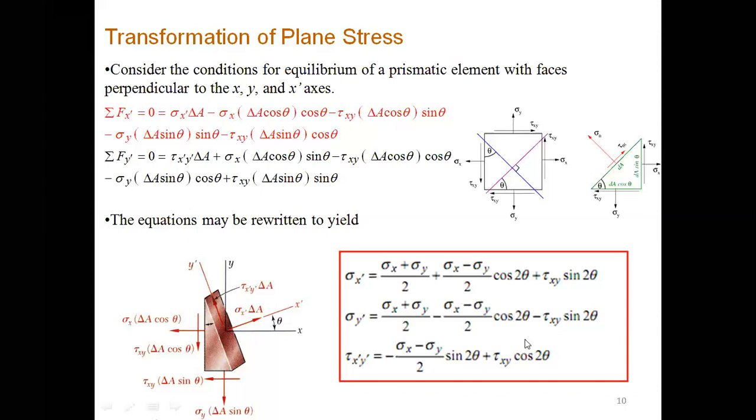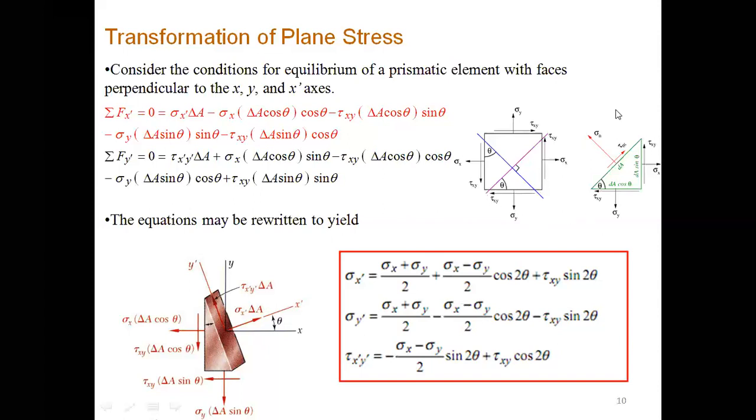How would we get the equation for sigma y prime? For that, we have to consider the other wedge. You have to truncate the square stress element along this line, and we have to consider this portion of the stress element. Again, we have to use the same procedure which we have already discussed for this segment of the stress element.